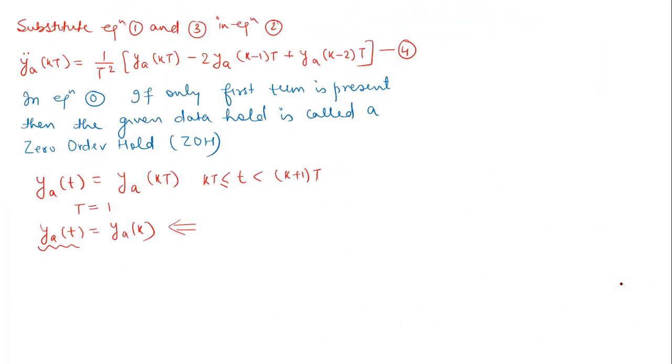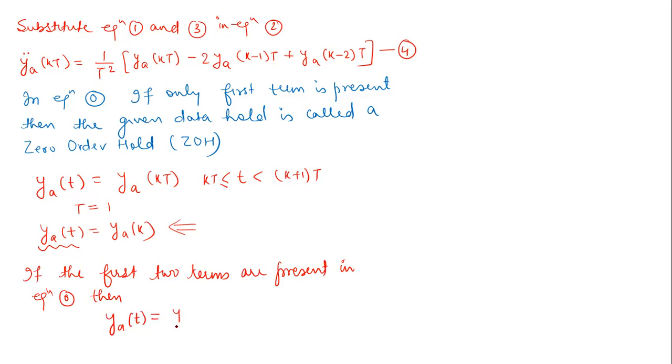So this is for the zero order hold. Now, if the first two terms are present in equation 0, then this analog output is equal to y a k t plus t minus k t divided by t, times y a k t minus y a k minus 1 t.